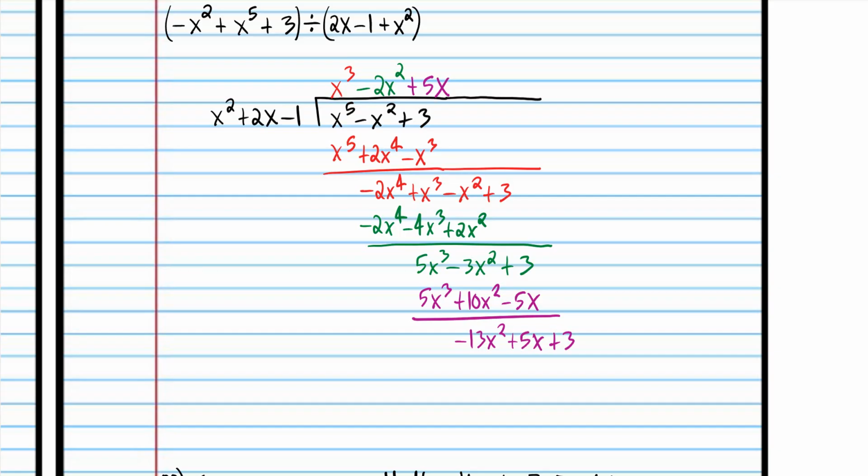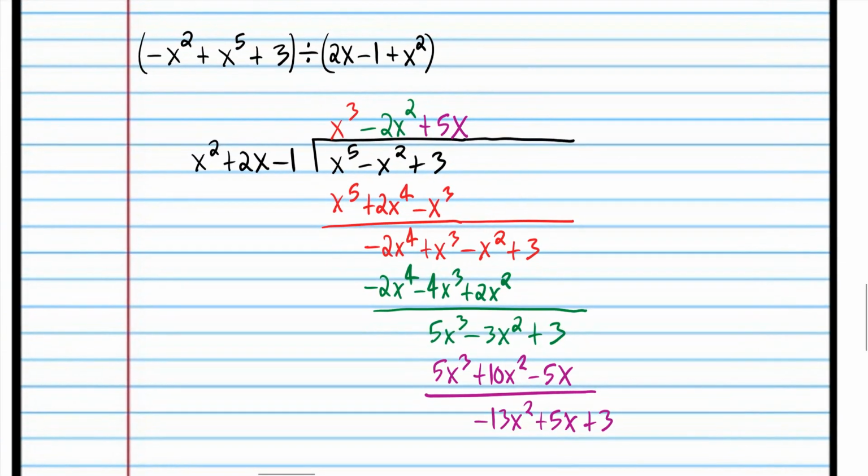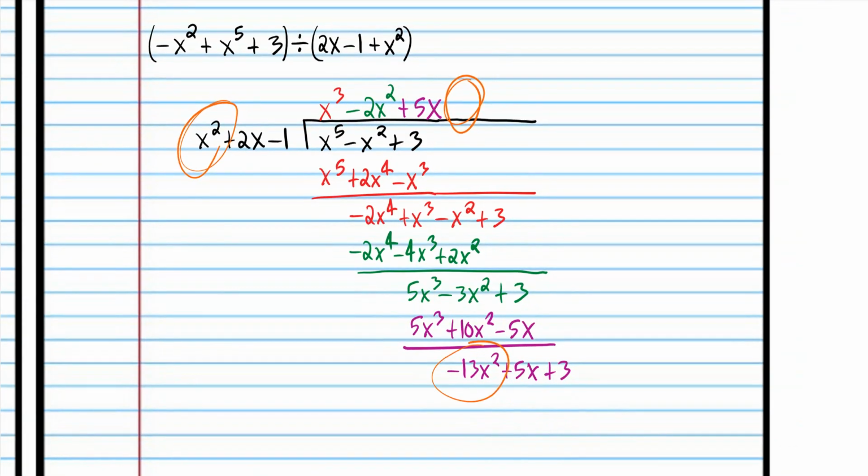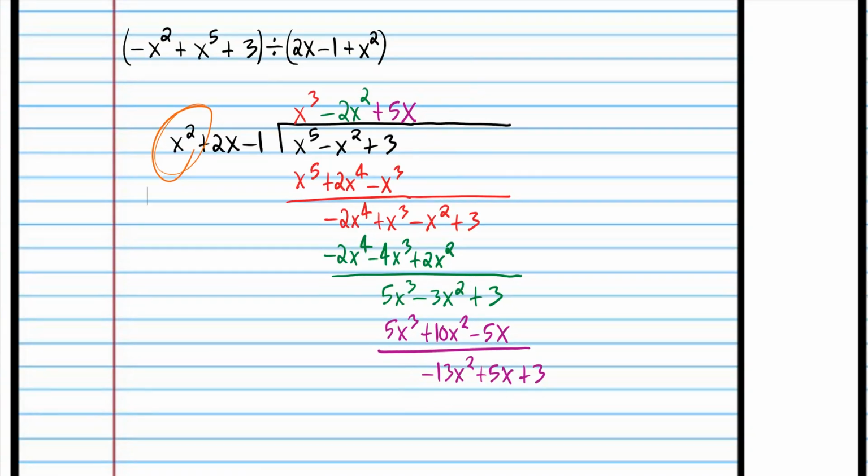So let's start the cycle over again. X squared times what is equal to negative 13x squared? Well, obviously that's just going to be negative 13. That's step 1. Figure out what this number is going to be. Step 2, multiply that number by the divisor.